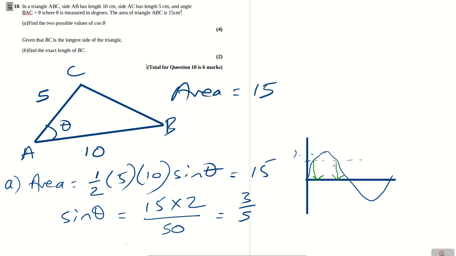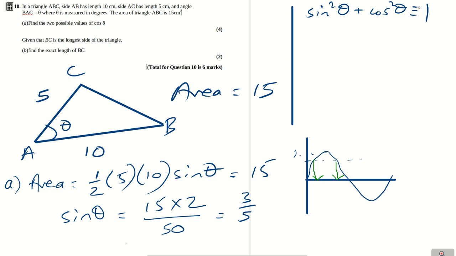The problem with that is you might end up getting a rounding error, because you're going to have to use your calculator to find what the angle is, and then take the cos of each of those angles. So there's a better way to do it, and that is to use a very, very important identity: sine squared theta plus cos squared theta is identical to 1.